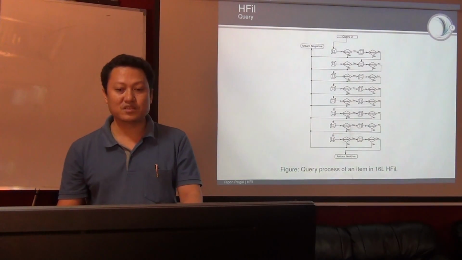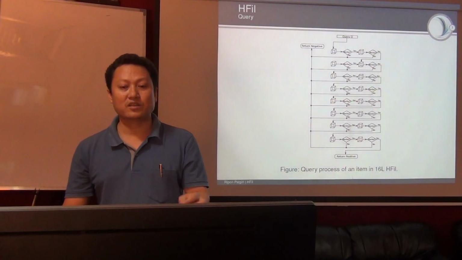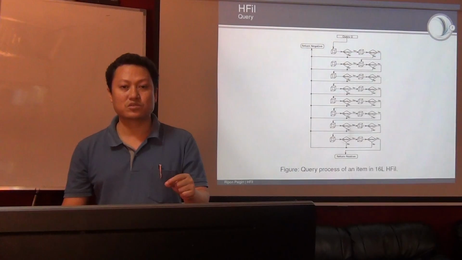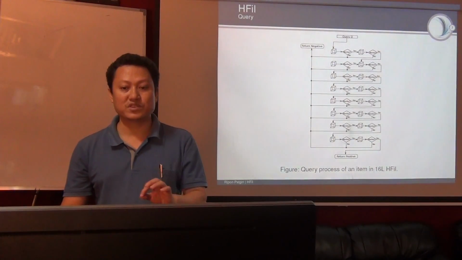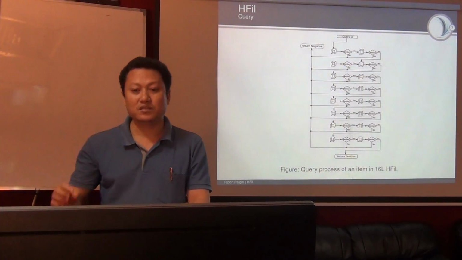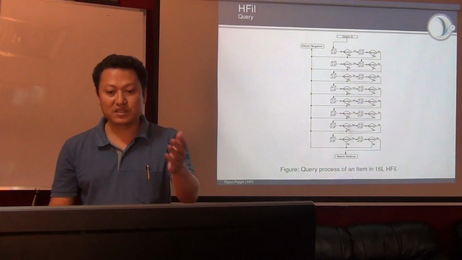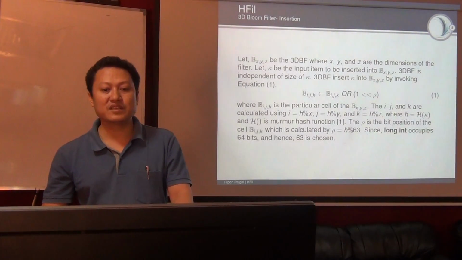In the query process, first the 3D Bloom filter is queried, and if the first Bloom filter responds true, then proceed to the next, otherwise stop. If the second 3D Bloom filter responds true, then proceed, otherwise stop. So this is the lookup process, and this is the insertion process.